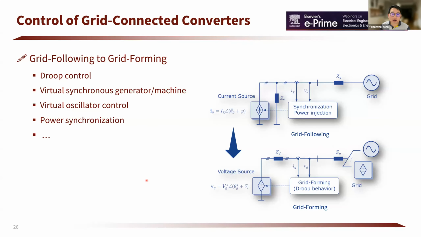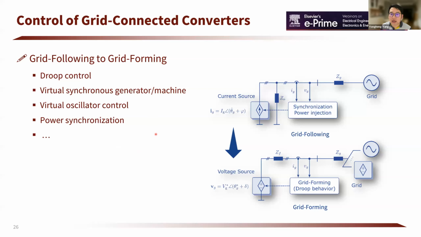In the past, the general control of power converters was called grid following, which means the power generation unit is feeding power to the grid, and we assume that the grid is a stable voltage source, with a constant voltage amplitude and a constant frequency.